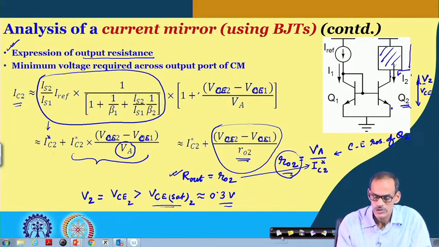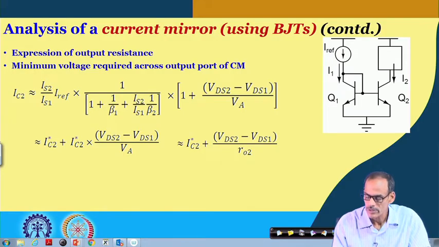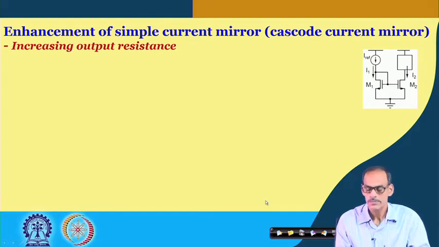Now, for both the current mirrors, as I said, there are non-ideality factors, and let us try to see how those factors can be reduced, or how we can enhance the circuit performance.